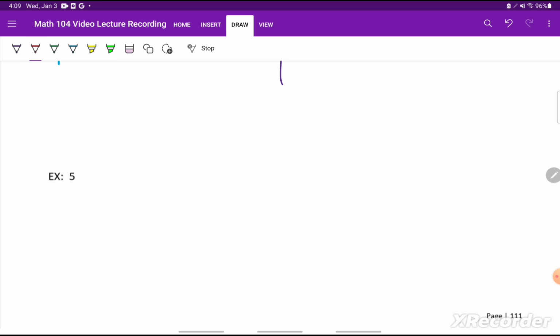So most of the time when you see a radian measure, it has a pi in it. And usually the pi is in the numerator. That's kind of the dead giveaway that we must be talking about radians. But every once in a while, you'll get a radian measure that does not have a pi, something like 5. And that's okay. It happens. And we're going to work it the same way.